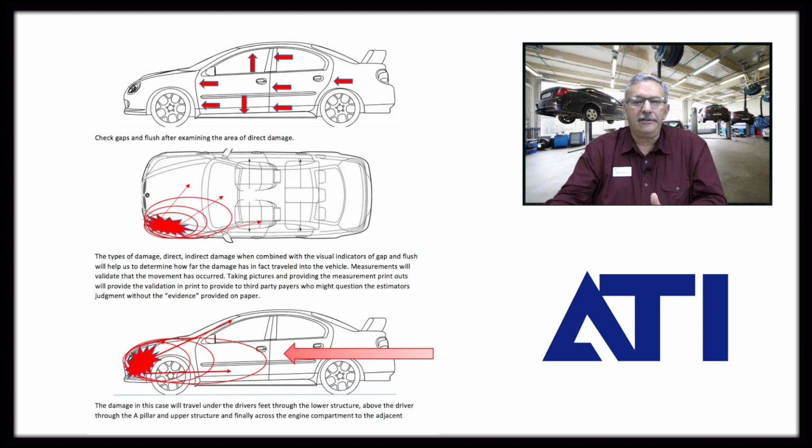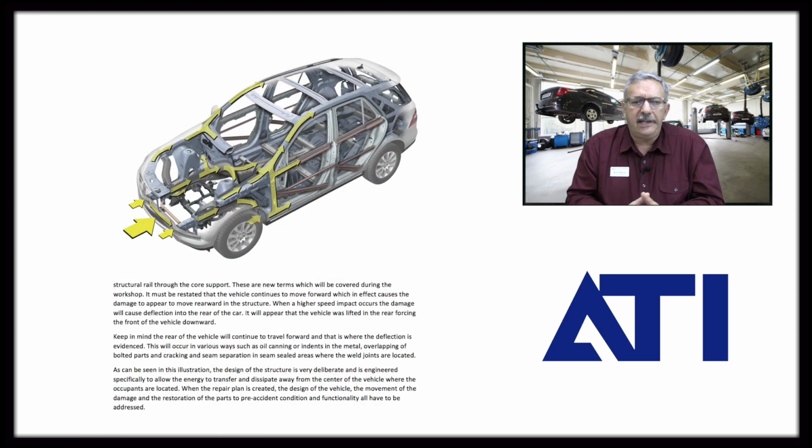But the next illustration that I'm showing you here is looking at an SUV, and this is a great illustration to show how the crash pulse occurs and what you have to look for. In this illustration, it's showing the vehicle gets impacted in the front, and I've got equal distribution of the damage to both frame rails.